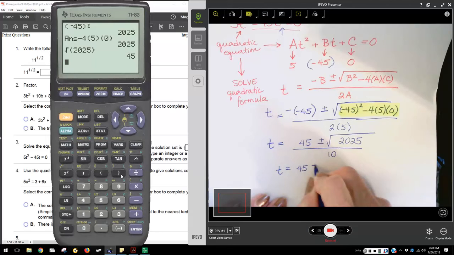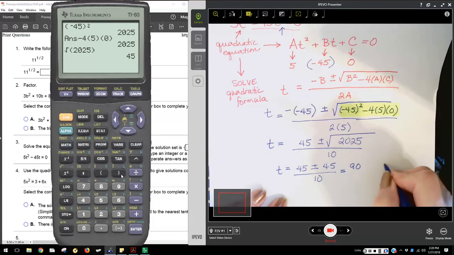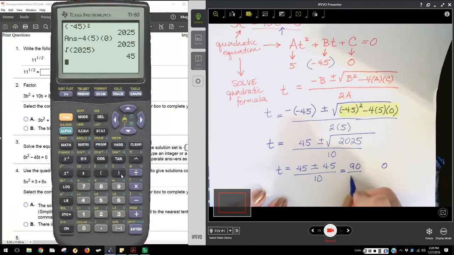45 plus or minus 45 over 10. And then 45 plus 45 is 90. And 45 minus 45 is 0. Both of those are over 10.